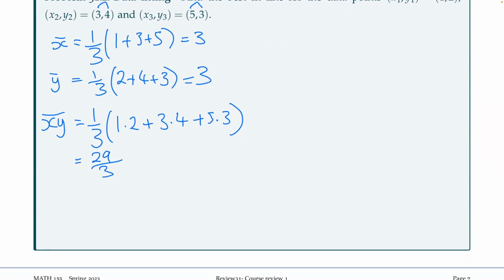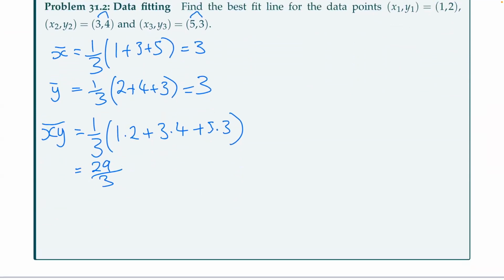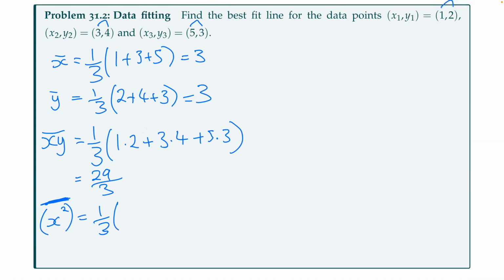We then have the mean of the squares and the square of the mean. These are the things that appear on the bottom of my gradient. So the mean of the squares, that's where we have the bar over the top. You can think of this almost as being like little brackets underneath the bars, if that helps, okay? So we square each of our x coordinates, and then we take the average of those. So we have a third times, what are my x coordinates?